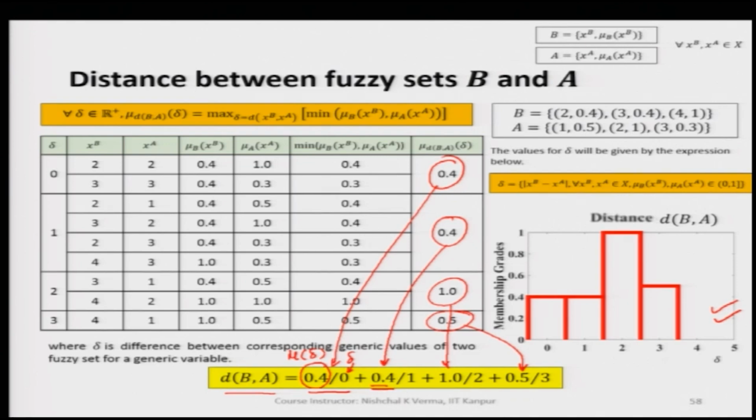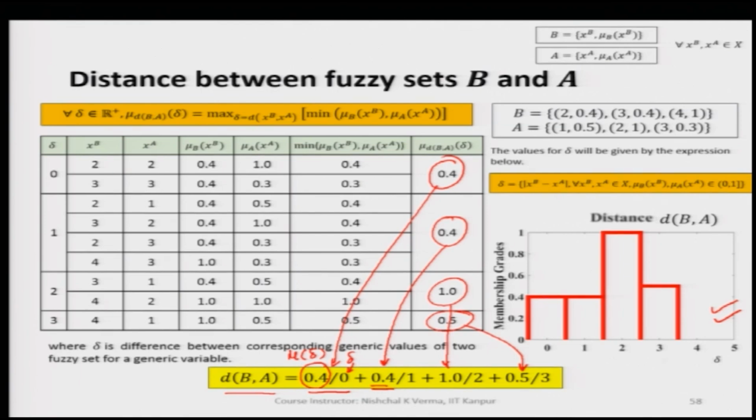These pairs will be used to find their corresponding membership values, and these values we will fill in the table as x b, x a, mu b of x b, mu a of x a, and then we take the minimum of these membership values. When we have done this for all such pairs, and all the minimum values are found, then we take max of these values to get the final value, which is mu d b comma a of delta.